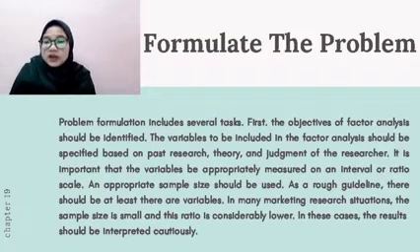Formulate the problem. Problem formulation includes several tasks. First, the objective of factor analysis should be identified. The variables to be included in the factor analysis should be specified based on past research, theory, and judgment of the researchers. It is important that the variables be appropriately measured on an interval or ratio scale.